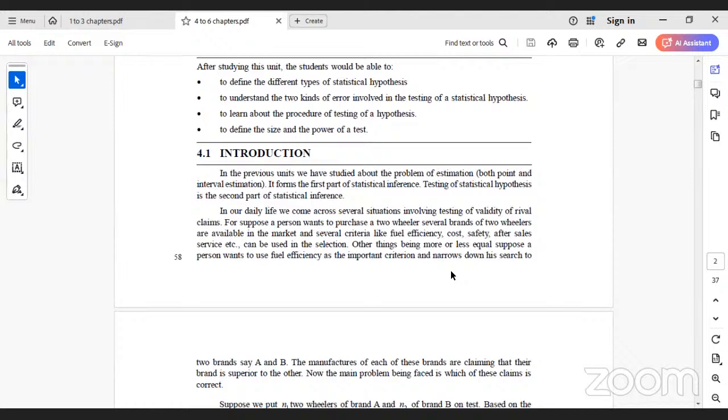It forms the first part of statistical inference. Testing of statistical hypothesis is the second part of statistical inference.